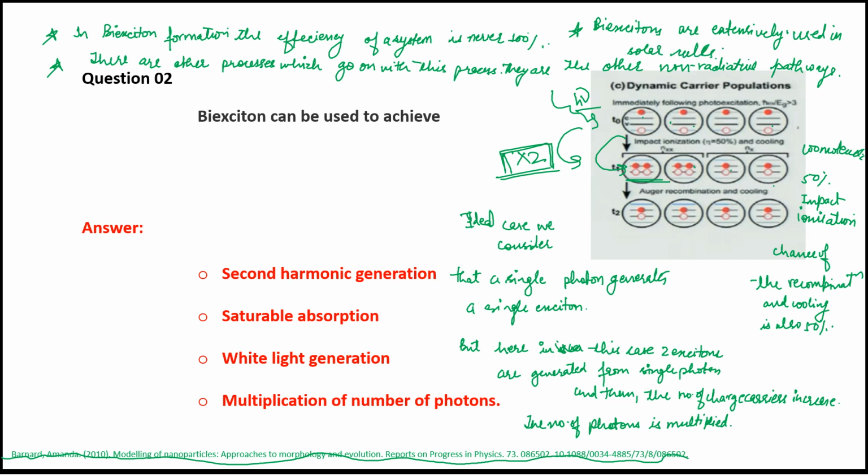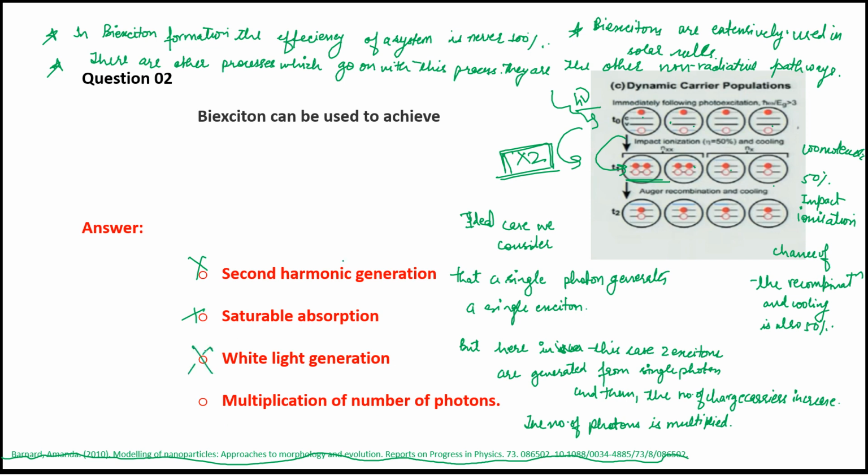Now, coming to the solution of our question, they asked, biexciton can be used to achieve. The answer to this question is quite easy because so far whatever we have studied, biexciton cannot be used to generate second harmonic generation. Second thing is saturable absorption, which we had studied, that uses the rhodamine 6G dye and other dyes. That is also not the true answer. The third option was white light generation.